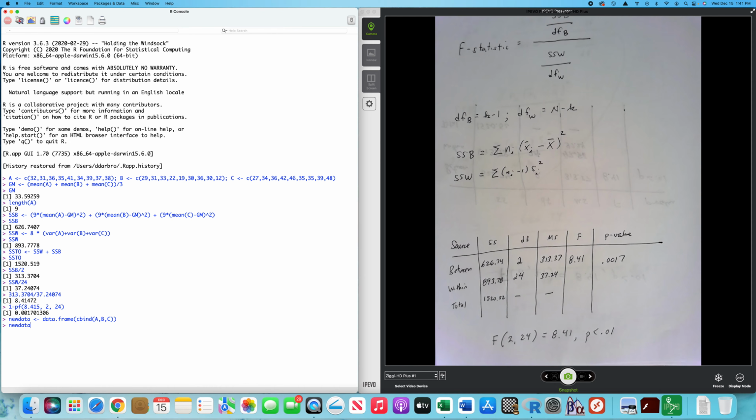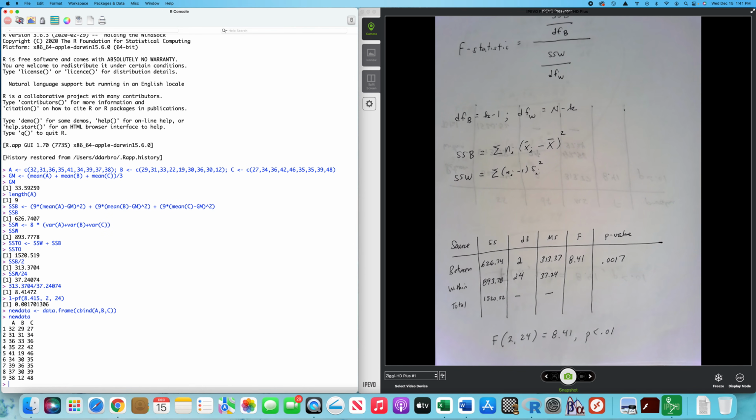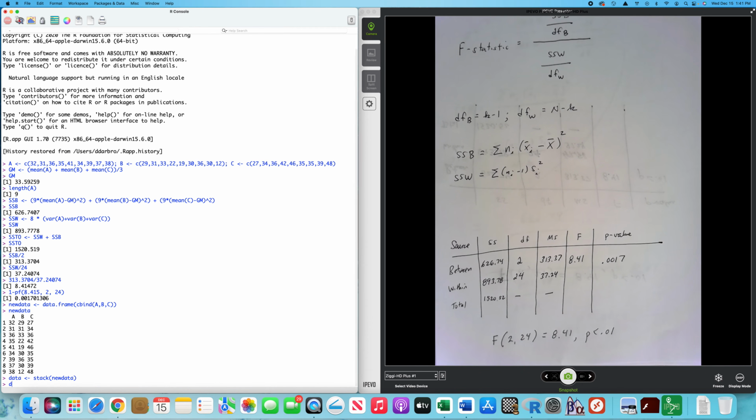But when I do view new data, I can see that I don't have the data set in the format that I want, because when I read from left to right, that 32 and that 29 and that 27 is not specific to one student. So I can easily take care of that. I'm just going to call this new data set. I'm going to create data, and I can just stack my new data.